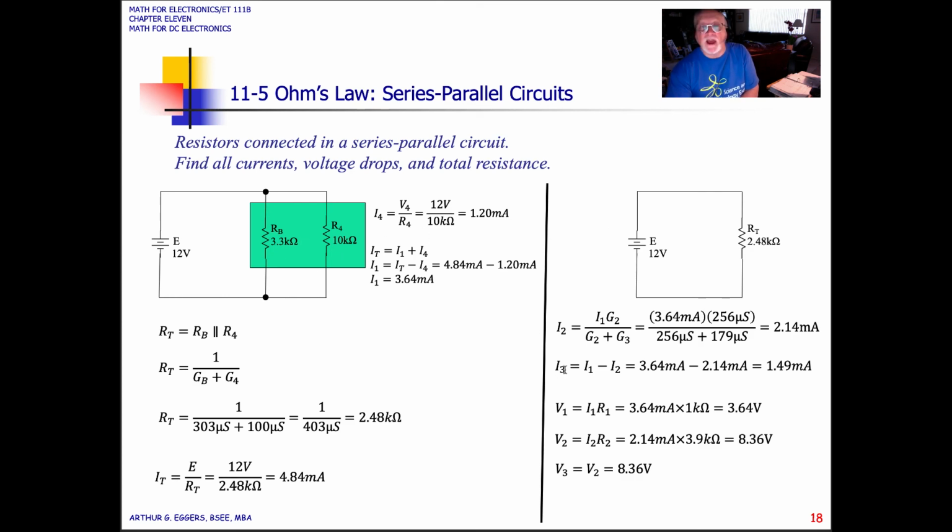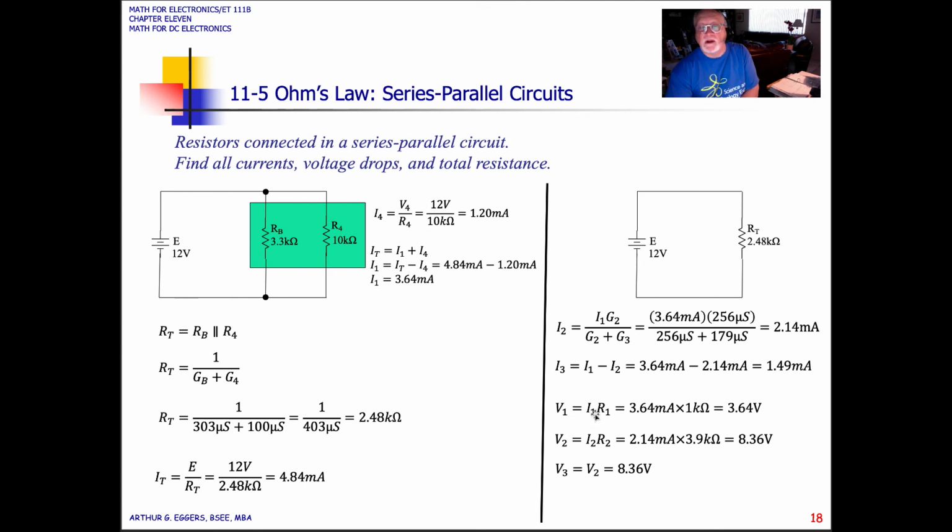Now we're going to look at I3. I3 says we can use Kirchhoff's current law to find its value by taking the difference in the known current, I1, and I2, and we end up with 1.49 milliamps. Okay, so we've got those values. Now we can solve for each of the respective voltage drops, voltage 1, voltage 2, and voltage 3.